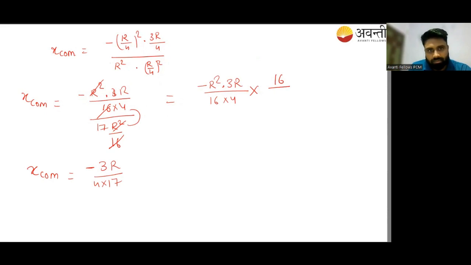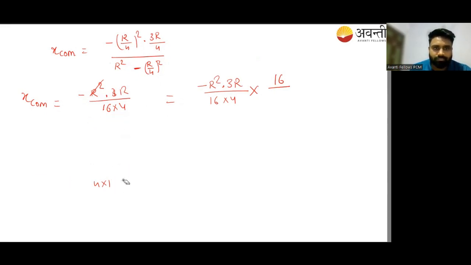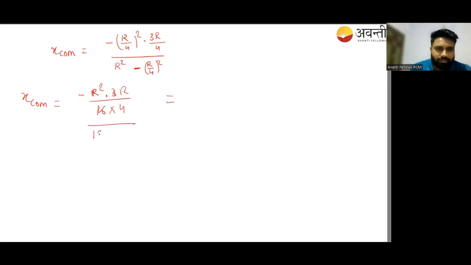We have to take this also as minus because it is a negative mass. So that is why this term would appear as 16 minus 1, which is 15. So it is r square divided by 4 square, which is 16, multiplied with 4, divided by 15 times r square divided by 16.